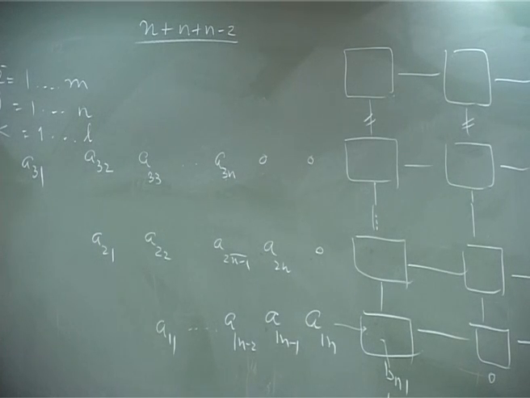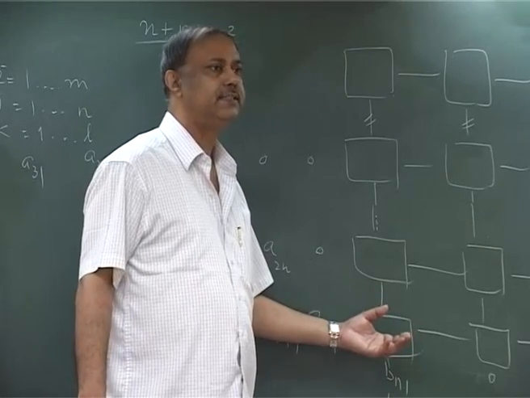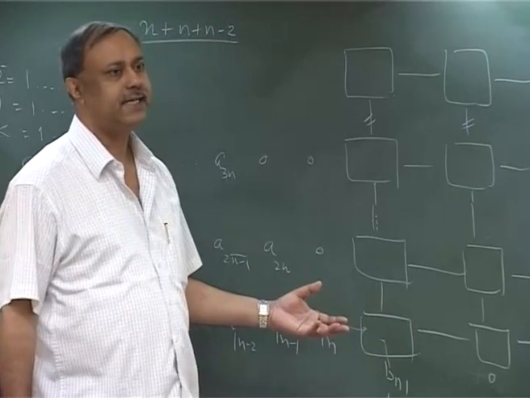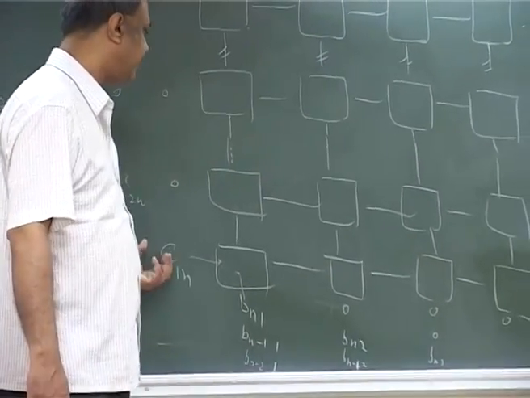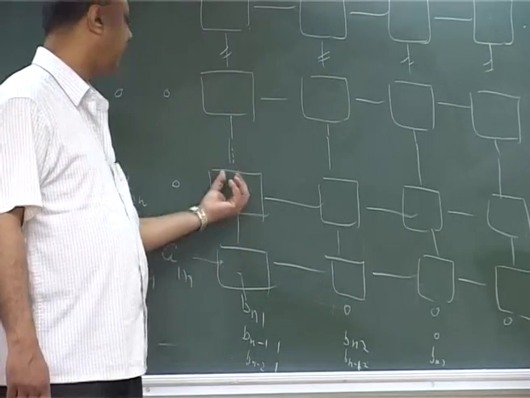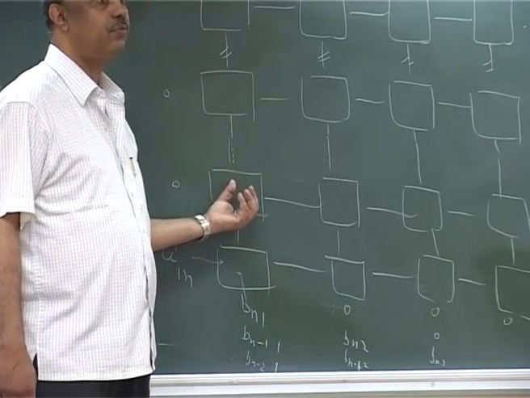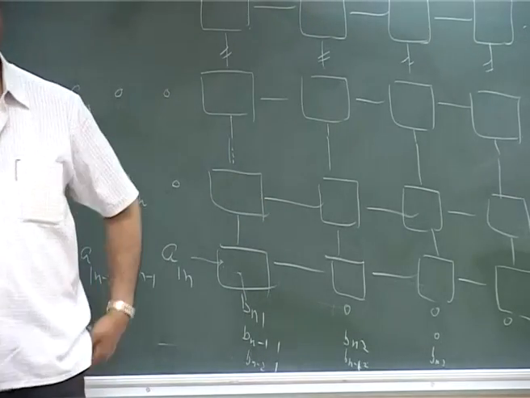Okay? So you have n square processors, and Pij receives at any instant one data from this side and another data from this side, multiplies them, and stores the result in Cij or adds it to Cij. Then Pij sends this data to Pi plus 1j and sends this data to Pi minus 1j, and so on, it iterates.